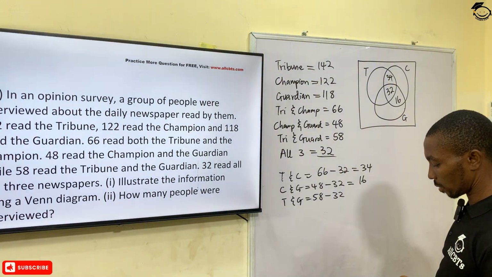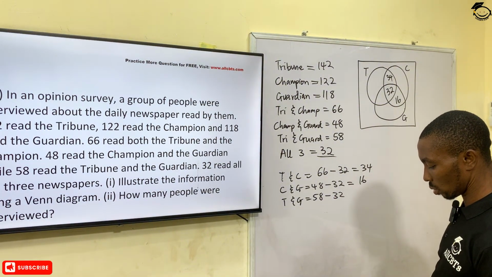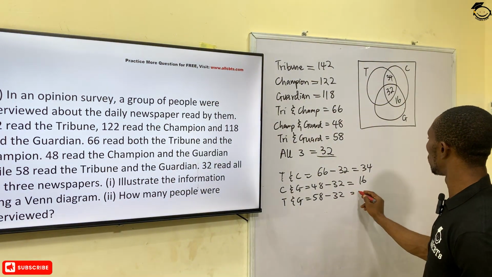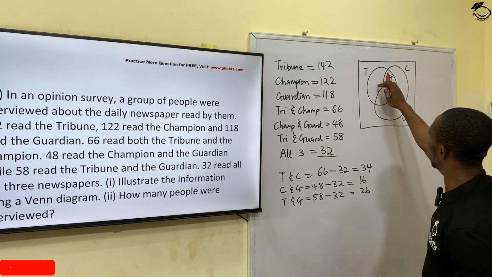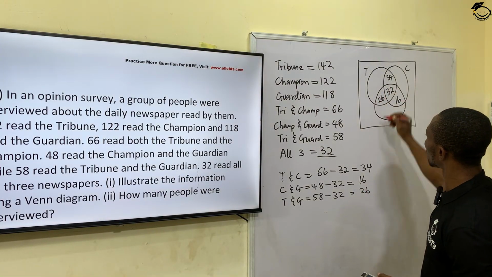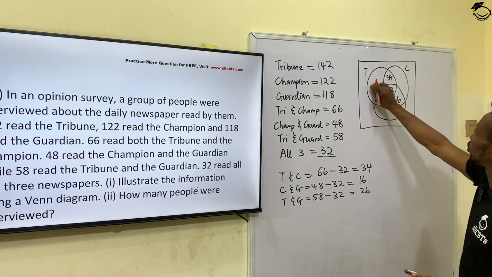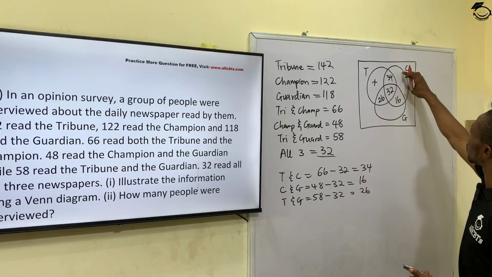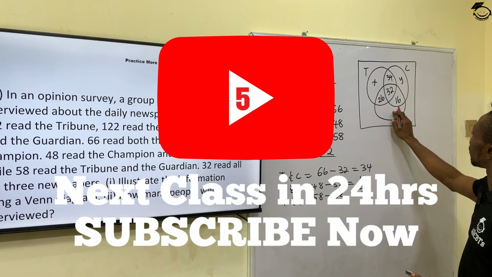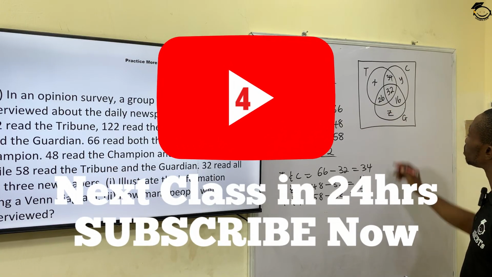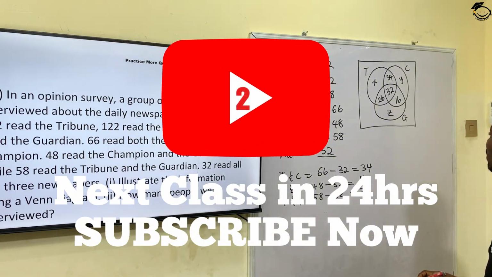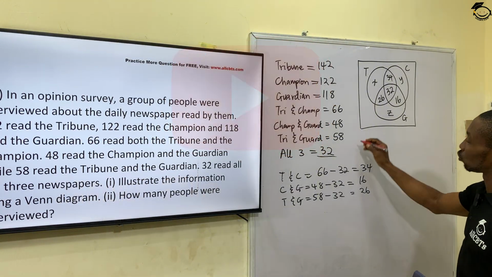So 58 minus 32 would give us 26. So this space here will be 26. Now, we are going to find those that read Tribune alone, those that read Champion alone, and those that read Guardian alone.